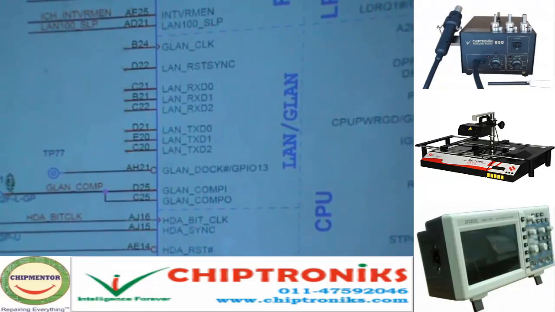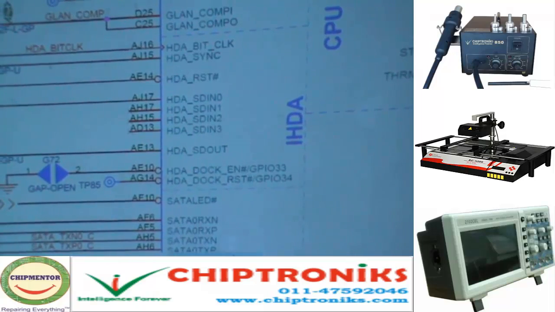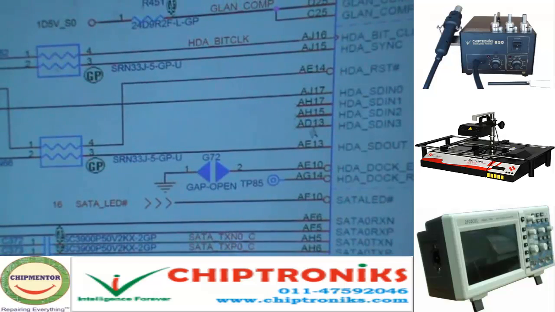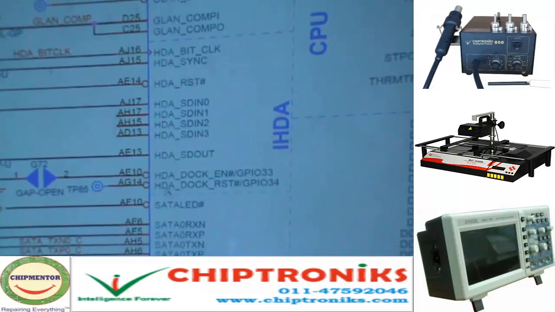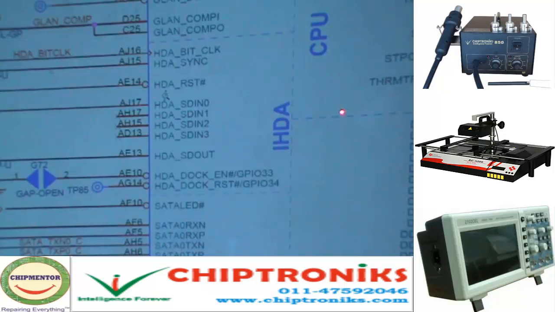Similarly, in the IHDA, ICH8 has audio support also, but here also these are dummy. We will refer back to these sections while covering fault-wise analysis, like when sound is not coming or your LAN is not working. We'll see how these are related to those problems. Here we'll cover all the important signals related to ICH.